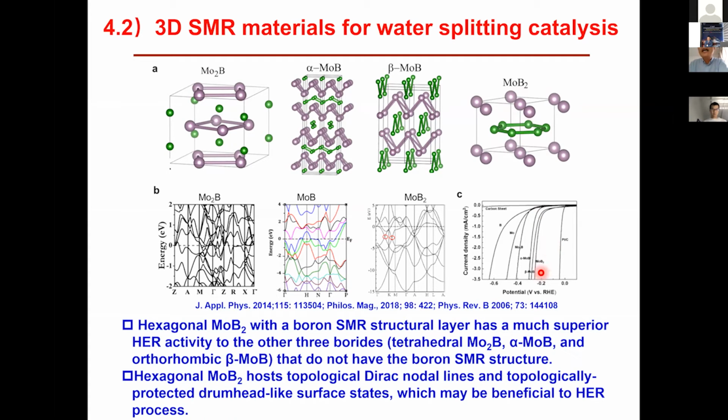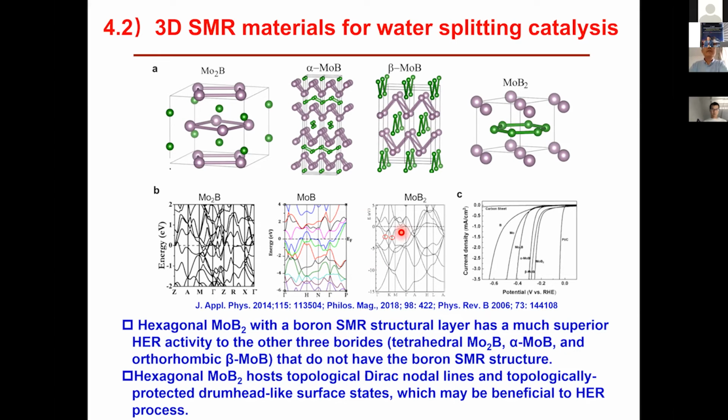We found that this molybdenum diboride has much better HER activity than the other three types of borides. These three types of borides do not have the boron six-member ring structure.